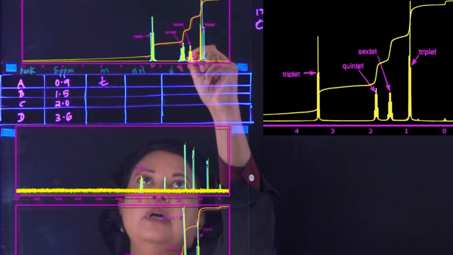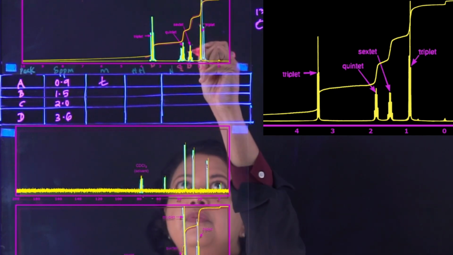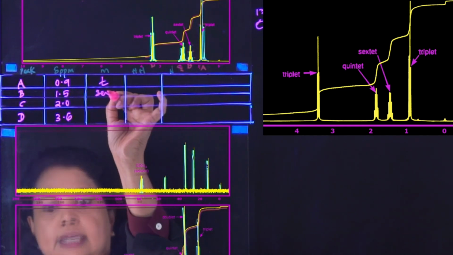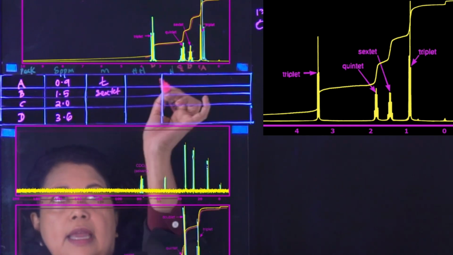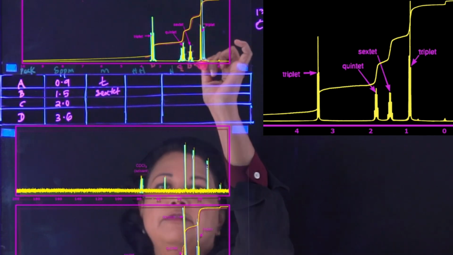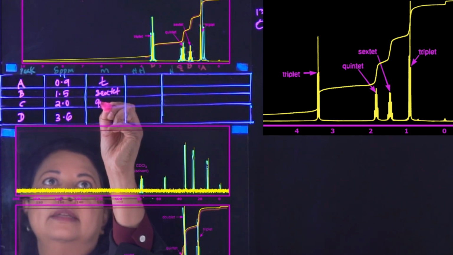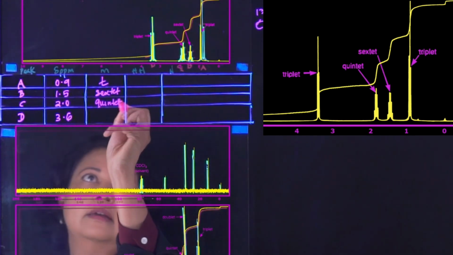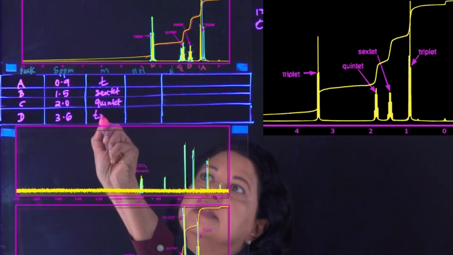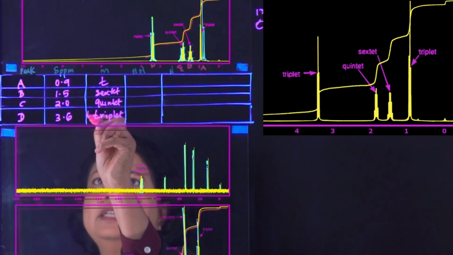This has got 1, 2, 3, 4, 5, 6, and so that is going to be a nice sextet. And here we have 1, 2, 3, 4, 5 mountain peaks, and that is going to be a quintet. This one is a triplet. So we have seen triplets before. T for triplet.